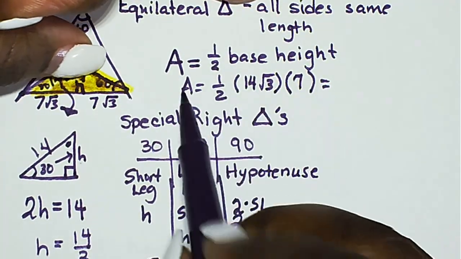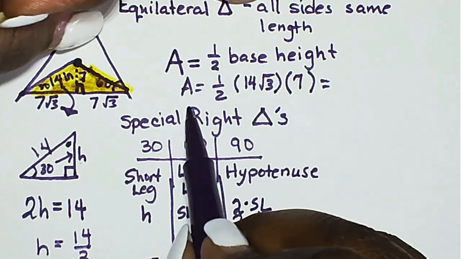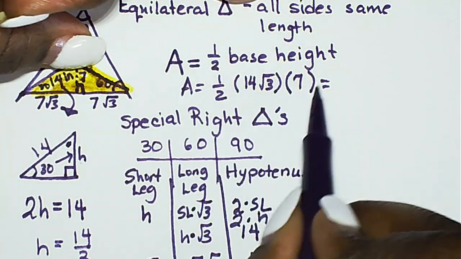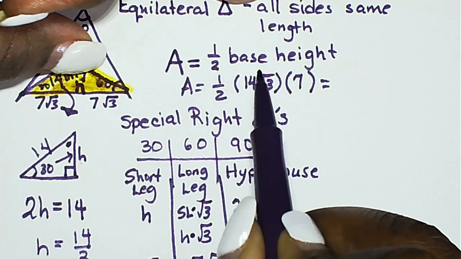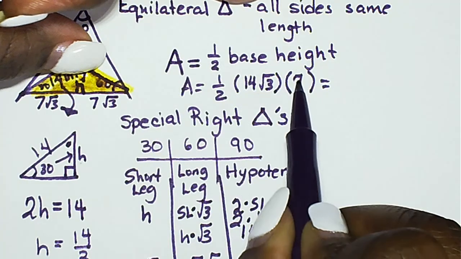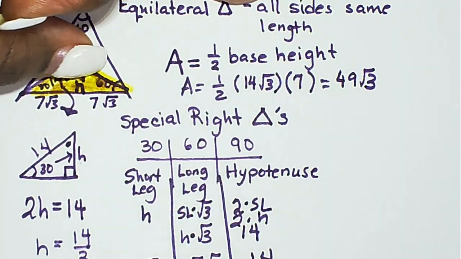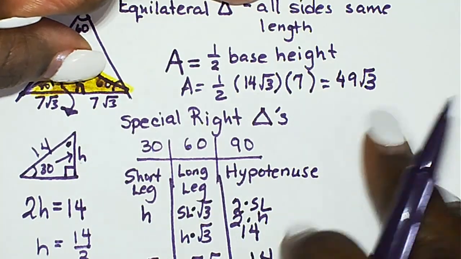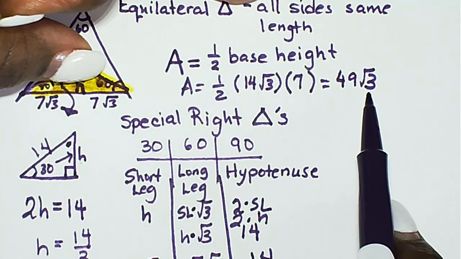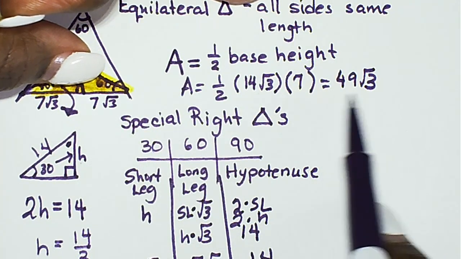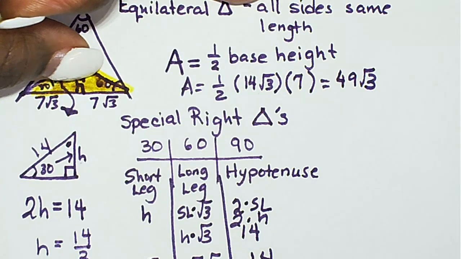So those in algebra 2, when you're going from algebra 1 to algebra 2, you know how to do this without having to use your calculator, because 1 half of 14 is 7. 7 times 7 is 49, so this will be 49 square root of 3. Scientists and mathematicians came up with these square roots to represent numbers where the decimal goes on and on and on. It's hard to represent it.